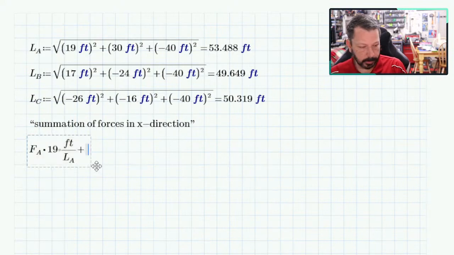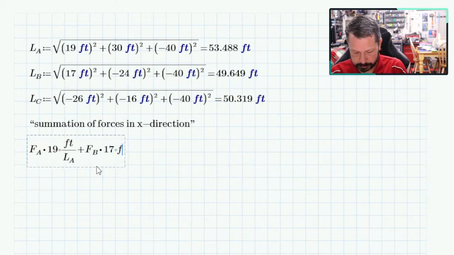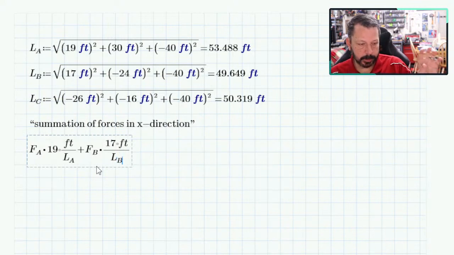And then we'd need the one for cable B, which would be 17 feet, the X component of B, over the length of cable B. So that ratio, 17 feet to the hypotenuse, would be the cosine of the angle between cable B and the x-axis.